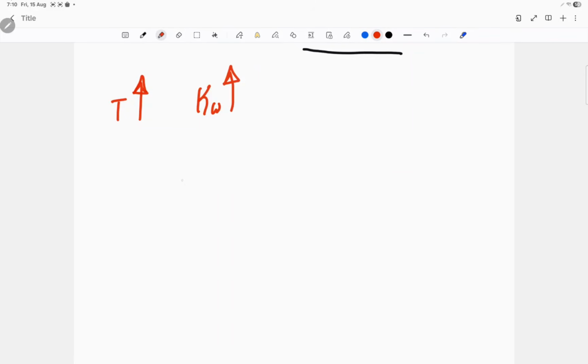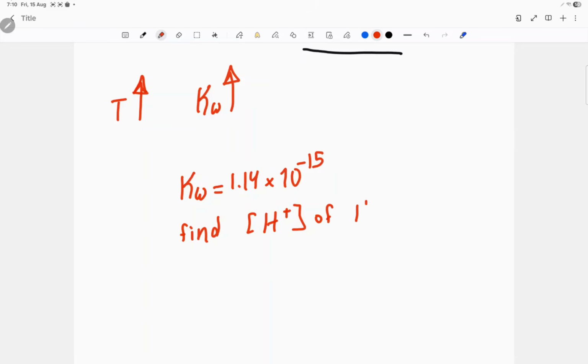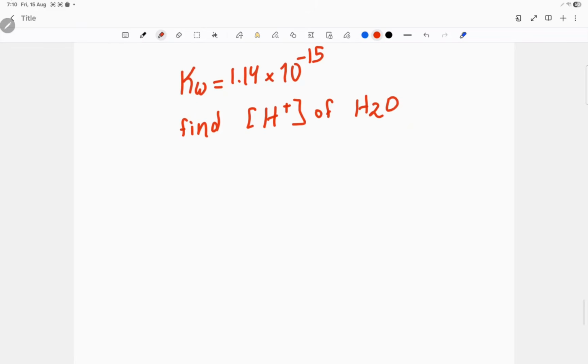Let me give you a small question. So look, if I know that Kw is this much, I want you to find the H+ of the water. Would you know what to do? Okay. First of all, what was the Kw equation?